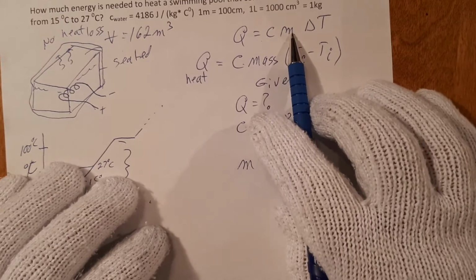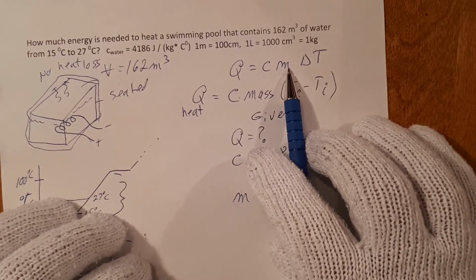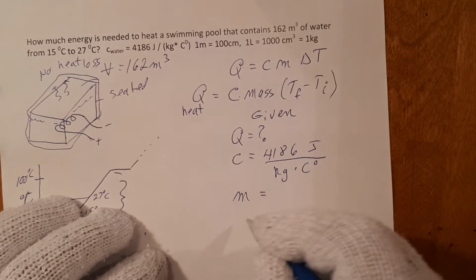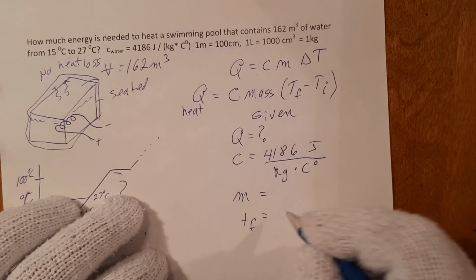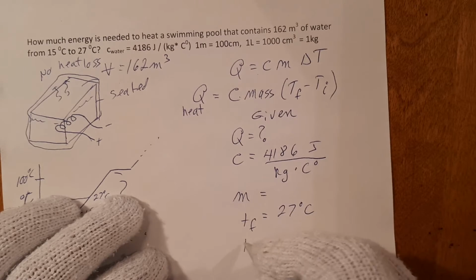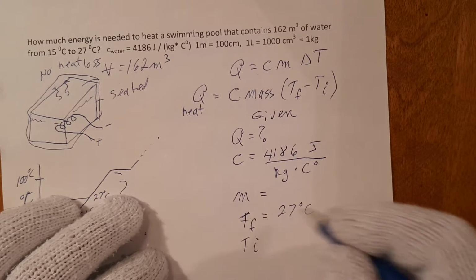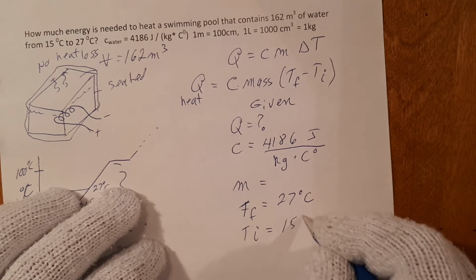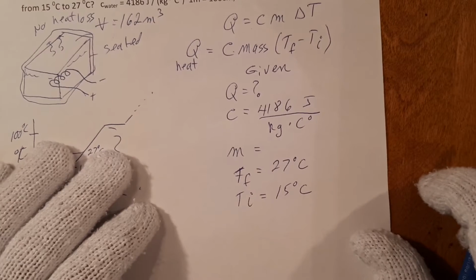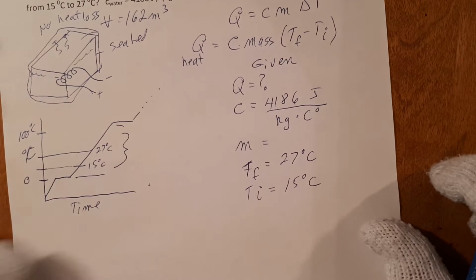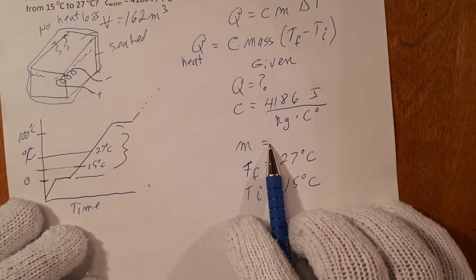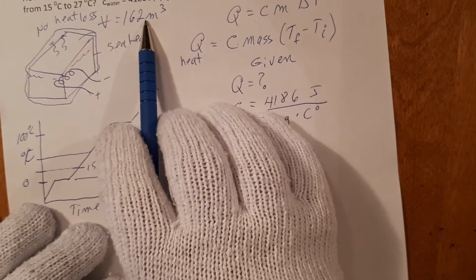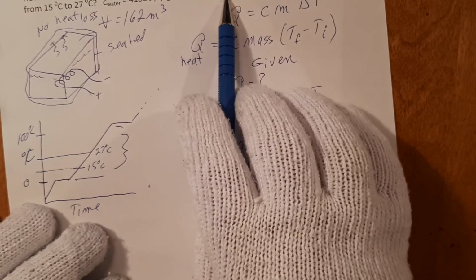Mass, well, we need to calculate the mass. I'll do that momentarily. And the two temperatures, temperature final, temperature initial. Temperature final is 27 degrees Celsius. Temperature initial, I'll make that capital T, is 15 degrees Celsius. And we need mass. And that's just a matter of converting this into mass using these conversion factors here.